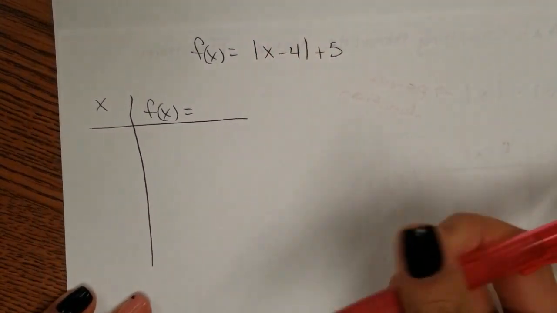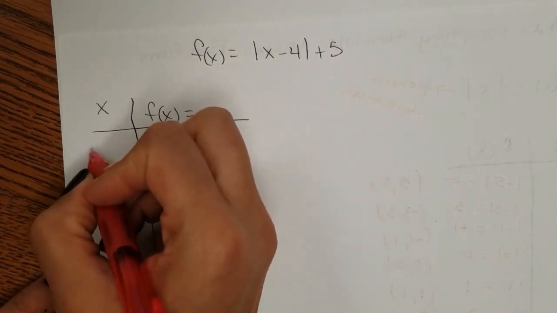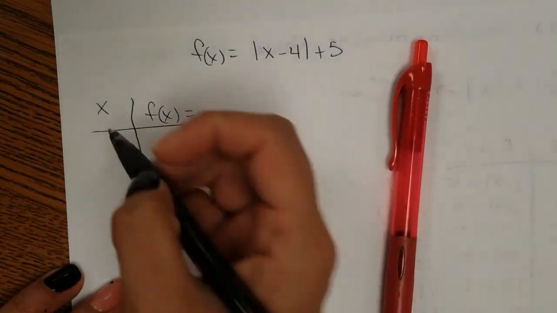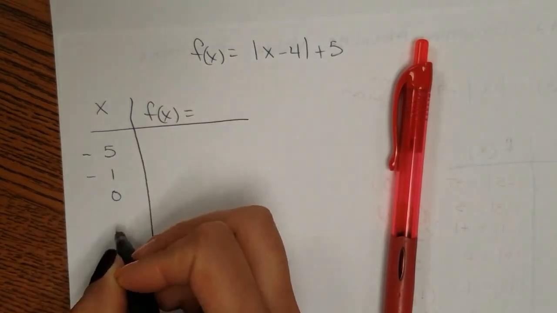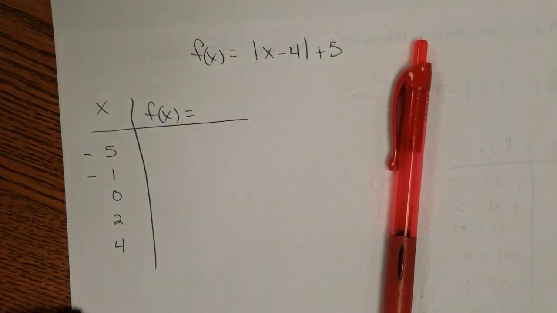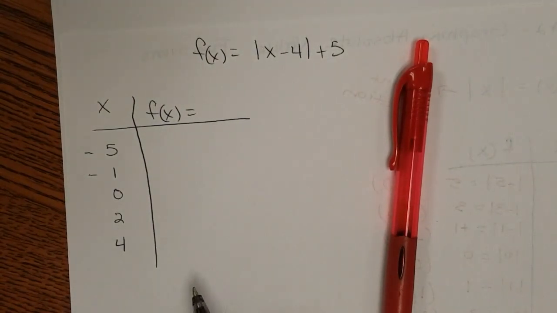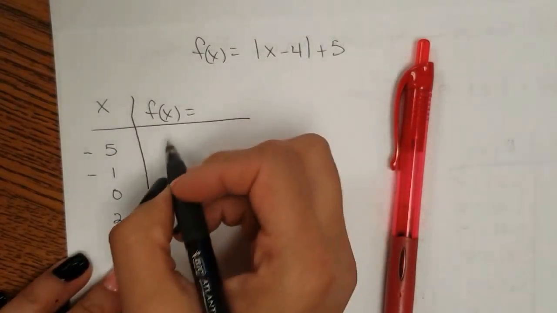So this is the same function, and I'm just going to give you a couple of values in here. So say I use -5, -1, 0, 2, and 4. Okay, I'm going to show you how we use the axis of symmetry to graph these things. So here I'm going to plug it in.